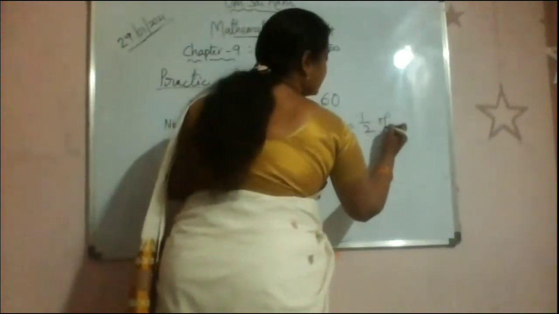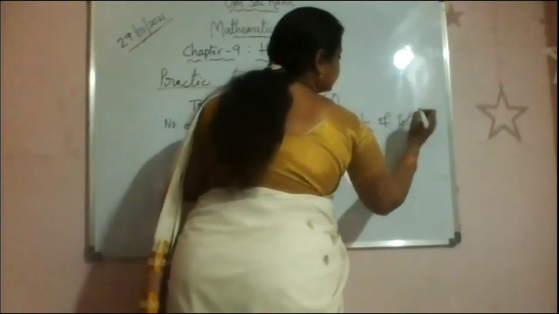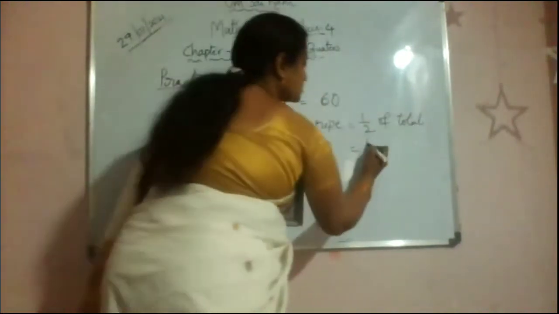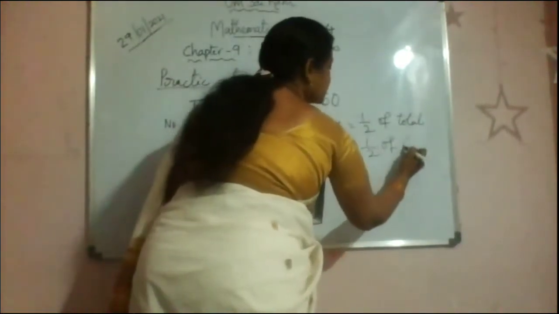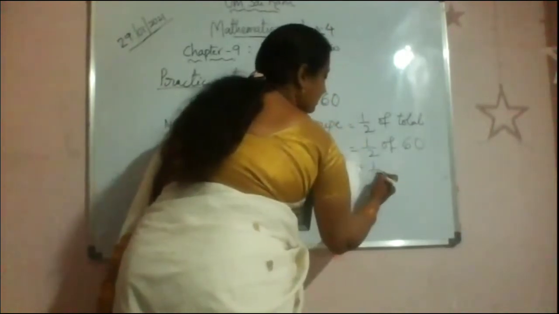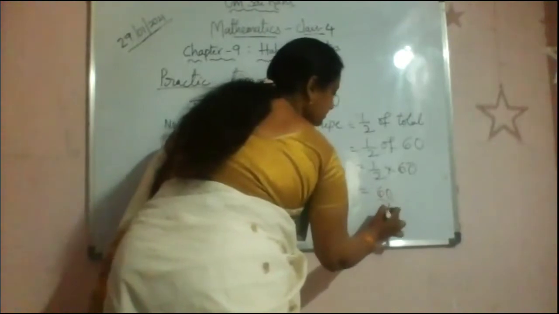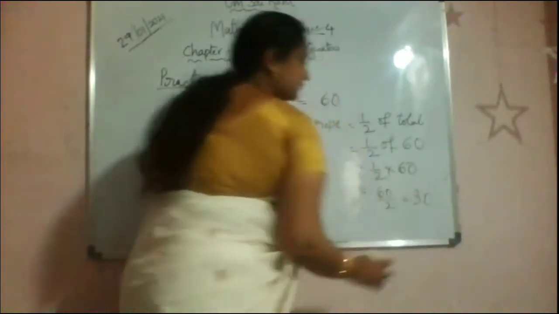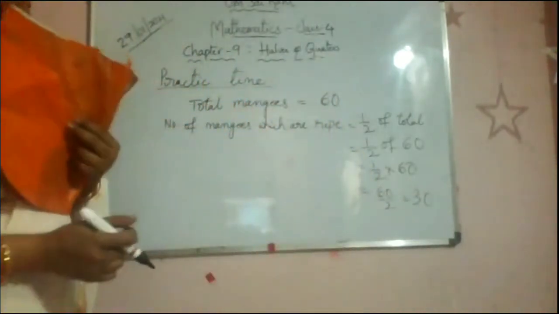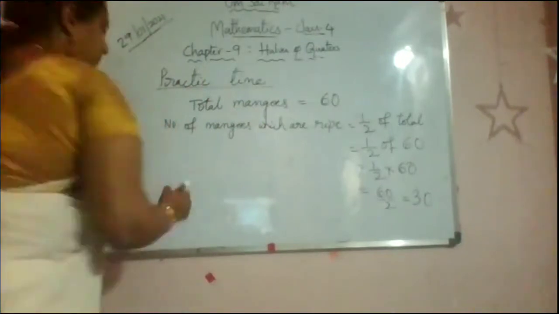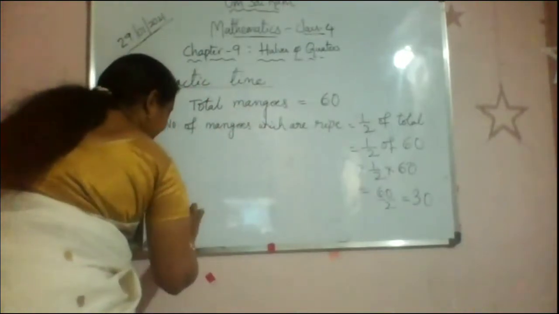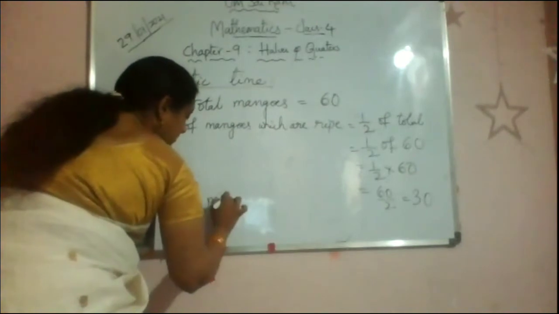So half of the total mangoes. Half of total means total how much? 60. So 1/2 into 60. This is nothing but how will we write it? 60/2. How much is it? 30. Hence, 30 mangoes are ripe.